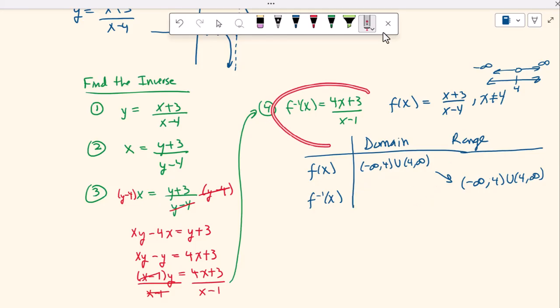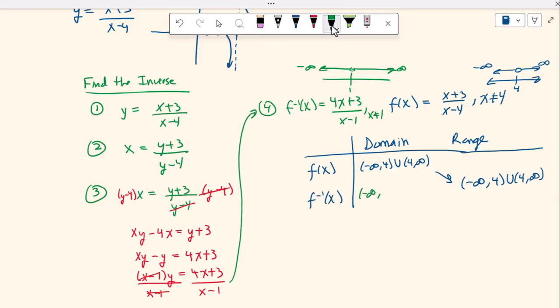So if we look at our inverse, the domain again is anything that makes this fraction undefined, and what will make this fraction undefined is if x equals 1. So for this one, I have to say x cannot equal 1. Here's 1, a hollow point, to infinity and negative infinity. So this goes from negative infinity to 1, union 1 to infinity.